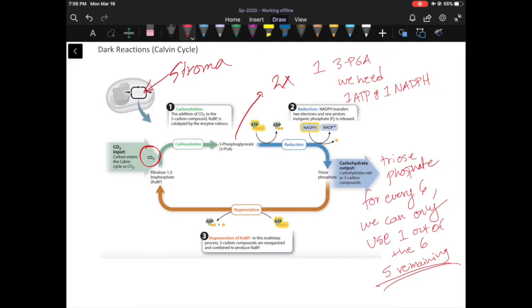So when we produce 6 triose phosphates, 5 of them have to be going back into the Calvin cycle so that we can regenerate it. And this regeneration uses ATP again, and it goes back and forms that 5-carbon molecule.